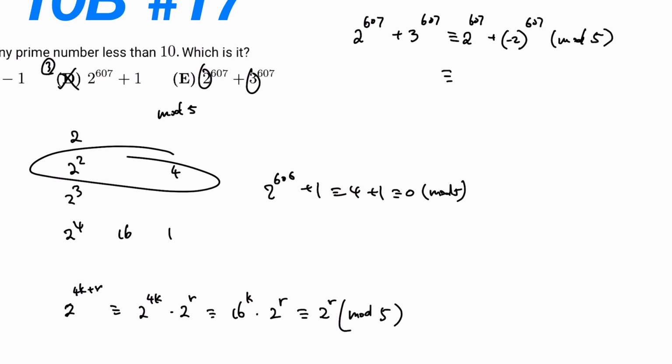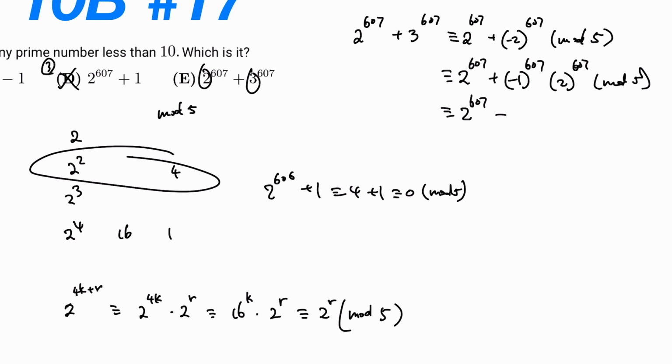And because it's negative and raised to an odd power, we can just pull out the negative. I can write this out to you guys. That is -1 to that power times 2 to that power mod 5. And it's just going to be that -1 to that power.